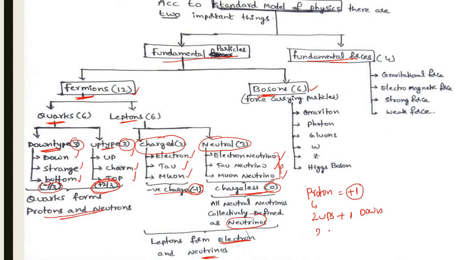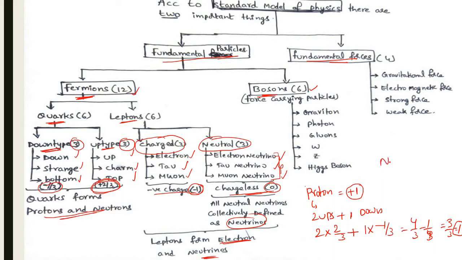What is 2 ups? 2 into the up charge, which is 2 by 3, so 2 into 2 by 3, plus 1 down. 1 into the charge of down or bottom, all of which have the same charge, minus 1 by 3. So 4 by 3 minus 1 by 3 is equal to 3 by 3, which is equal to 1. So this is the charge of proton, which is positive 1.